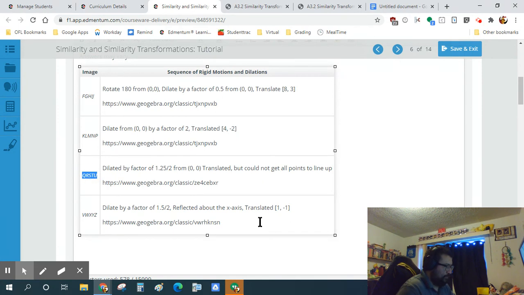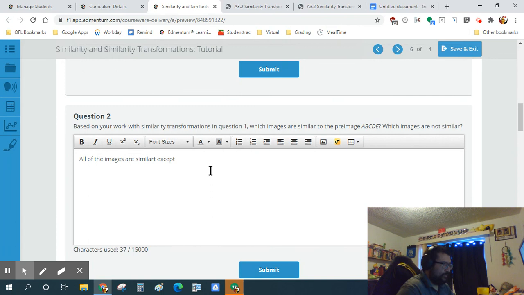QRSTU. Because I could not make all the points line up.